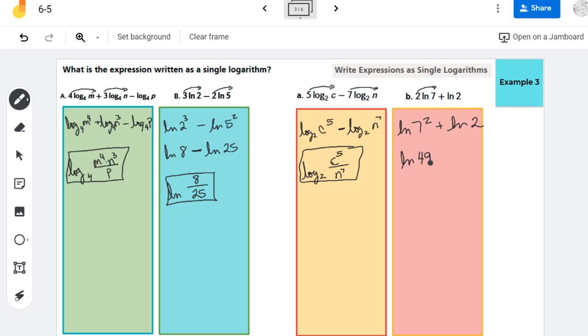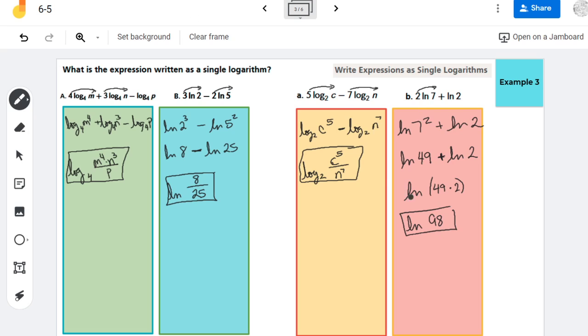So this is actually the natural log of 49. And then now I have the same base for my logs, so I can combine these using the product property. So this is saying that I would take these and multiply them together inside the logarithm. So this is actually the natural log of 98.